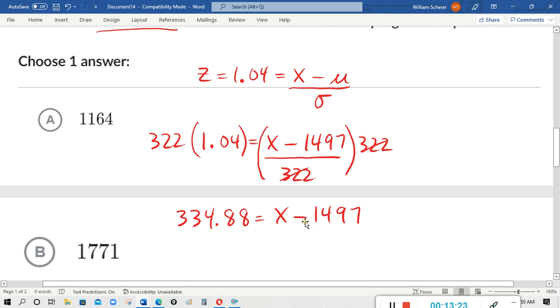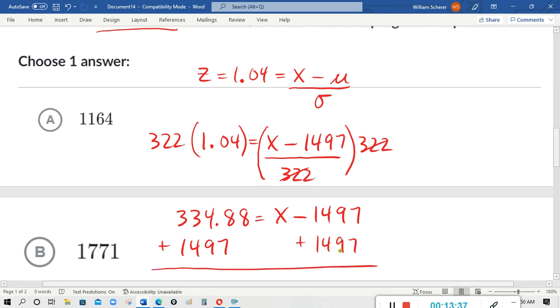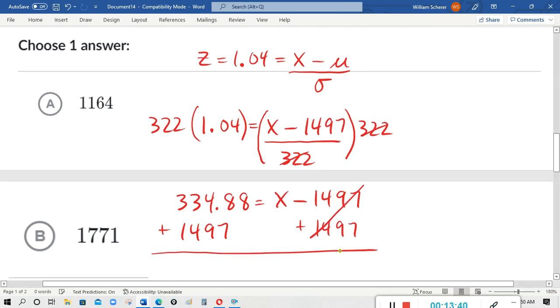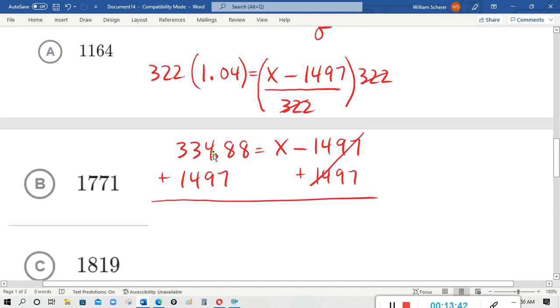Solving for x, I'm just going to add 1497 on both sides. On the right-hand side, it cancels, and on the left-hand side, I'll do this on the calculator. And I get 1831.88, and that equals x.